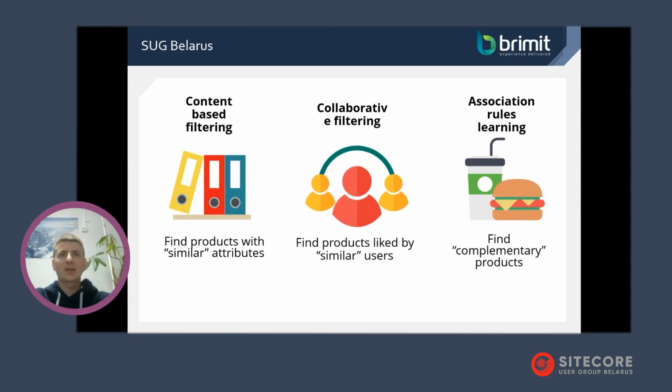Users find products that they like with the help, or the collaboration, of other users. That's why it's called collaborative filtering. And the final category of recommendation algorithms is known as association rules learning, because we are finding rules that help us to associate one type of product with another.